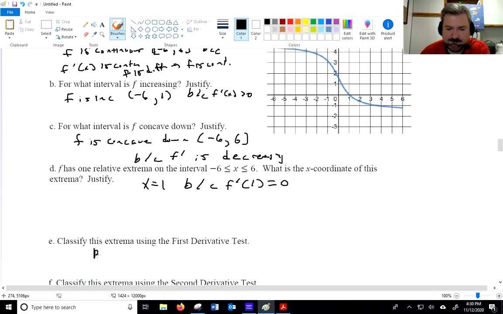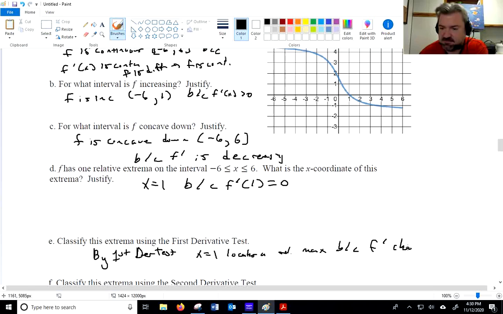So by the first derivative test, we could claim that x equals 1 locates a relative max because f prime changes from positive to negative there. That's how we use the first derivative test.